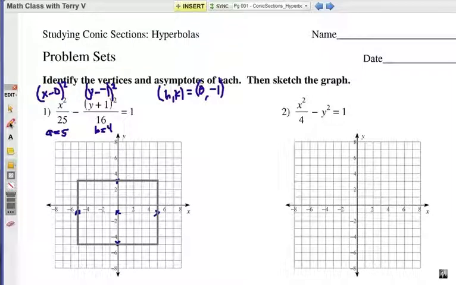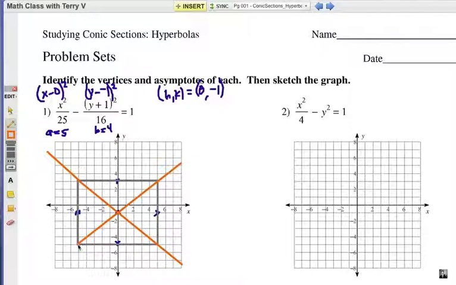Now we can draw our asymptotes. The asymptotes are always the diagonals of that rectangle. And let's draw the curve.